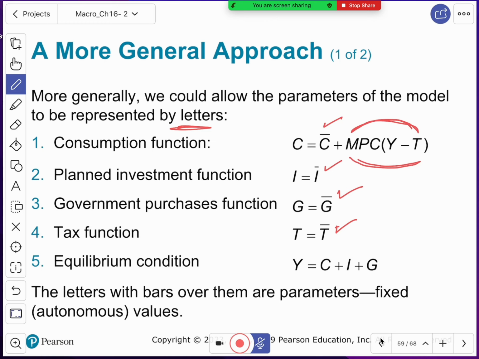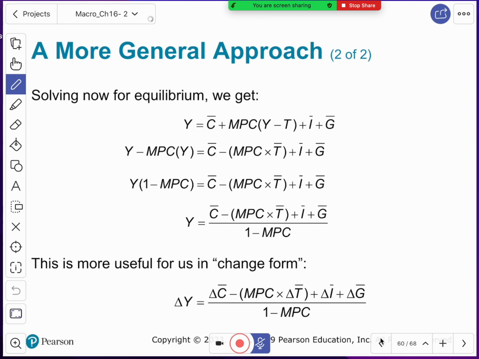So everything that has a bar does not depend on income, but what doesn't have a bar is called the induced part, the part that depends on income. Okay, so the autonomous values are the parameters that are fixed, that do not depend on income. All right, so this is what I wrote on the slide.